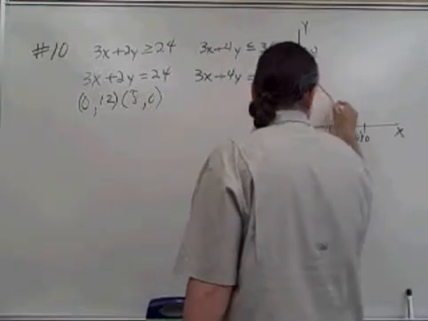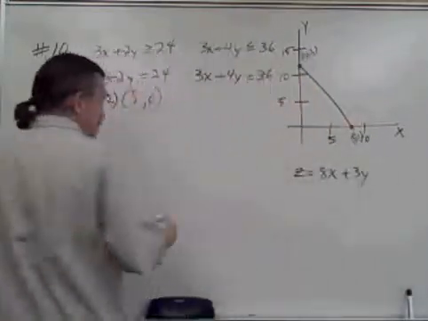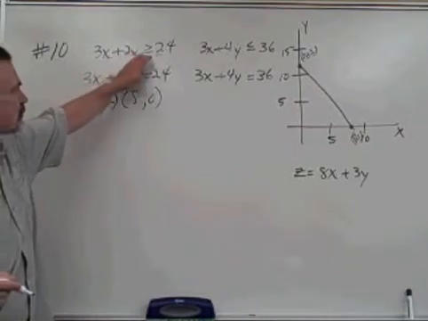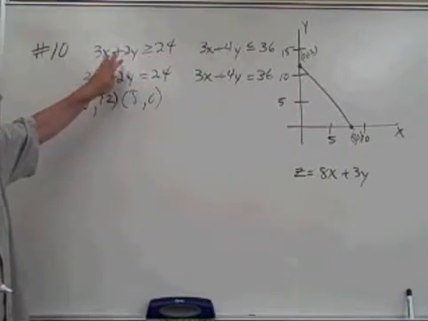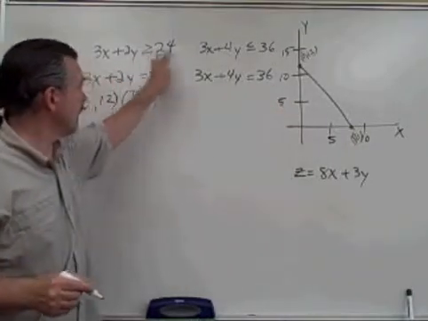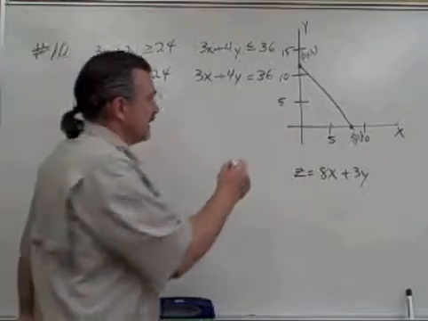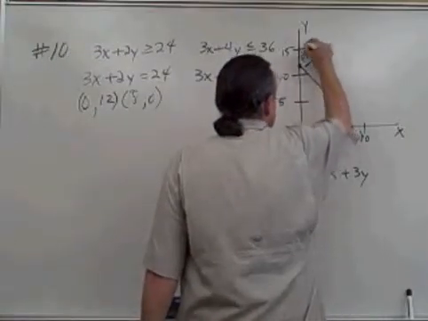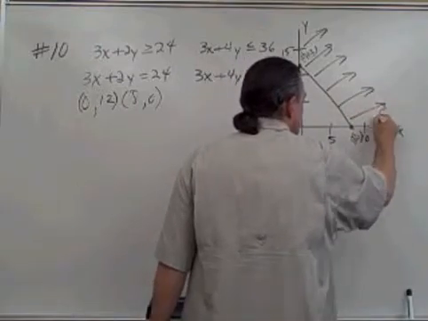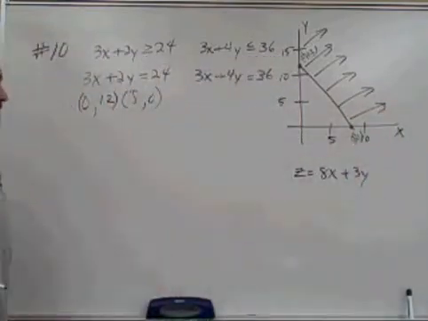So here's my line. And I want the values to make it greater than 24. Well, if x and y were 0, that would not be greater than 24, so it must be this side of the line that contains the points that solve that inequality.